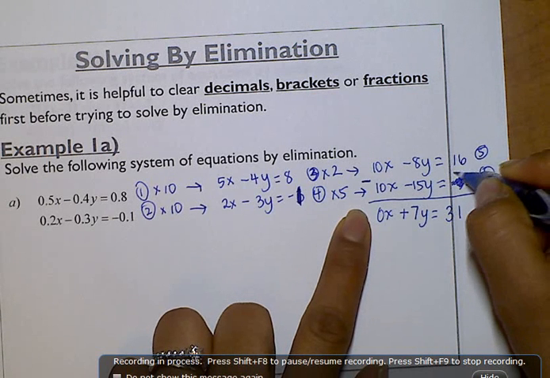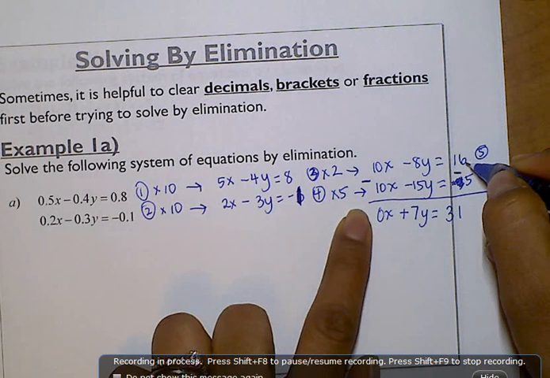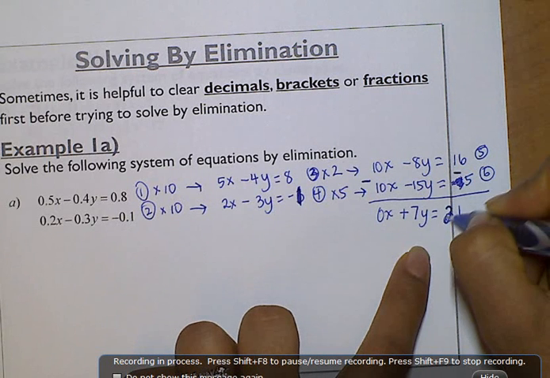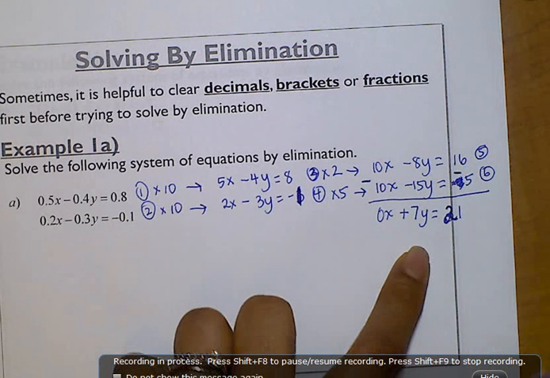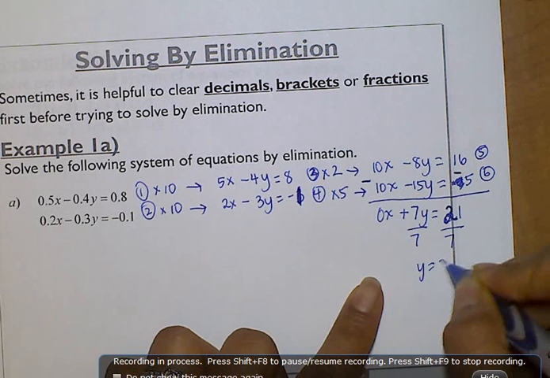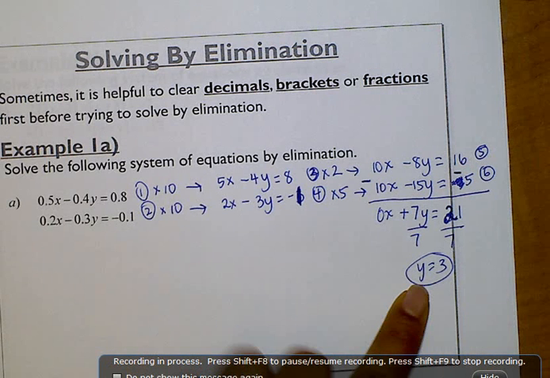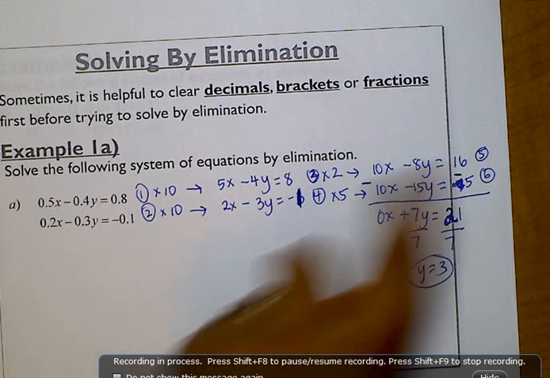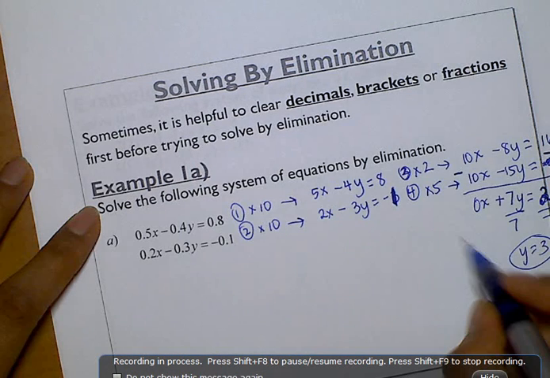So here, divide both sides by 7, y equals 3. And then you're going to substitute y equals 3 into either equation 1, 2, 3, 4, 5, or 6. You have a choice. I'm going to substitute y equals 3 into equation number 4. So it's 2x minus 3y equals negative 1.